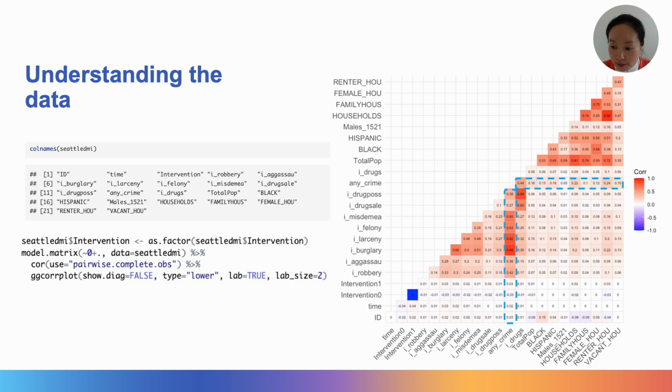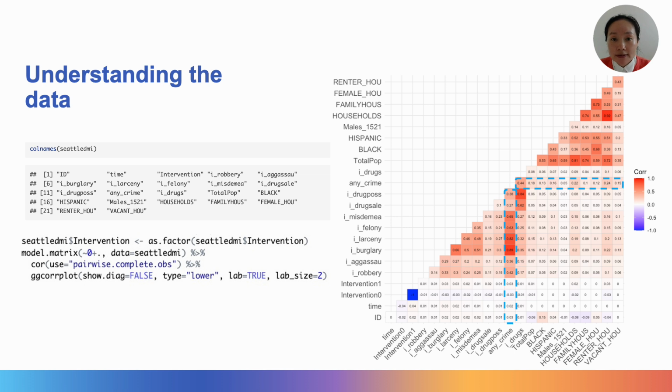So we can look both horizontally and vertically, and then we notice that two other types of crimes, larceny and burglary, are very closely related to any crime.